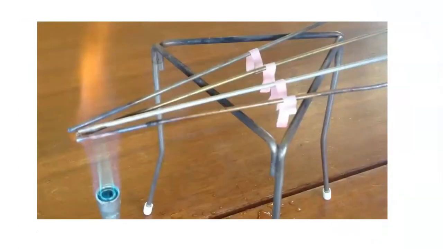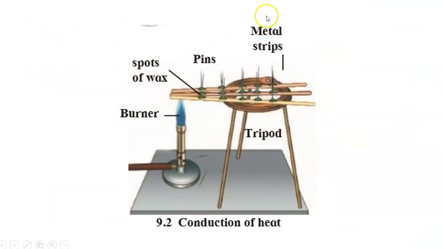Now, my dear students, what happens over here is when we start heating this part, we know that these rods become hot. And as they become hot, they start transferring the heat towards the other ends. And these pins are stuck with the help of candle wax. And we know that wax melts when it is heated.